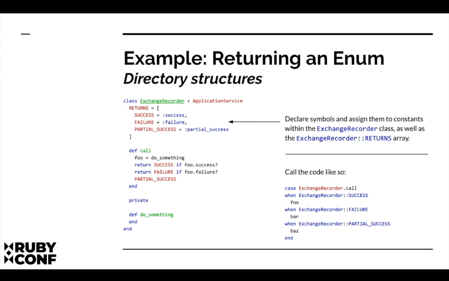What that helps you do is determine whether or not it's been returned, and it helps you group together all the enums in a single place under the Returns constant.